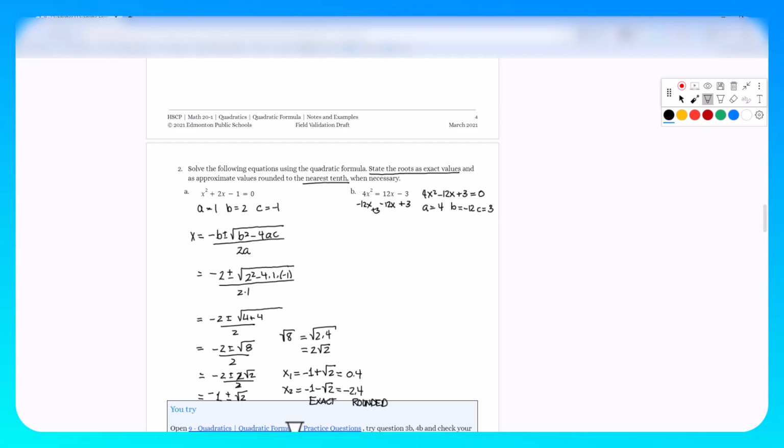So putting it into the formula, we get x equals negative b, which is negative of negative 12, which is positive 12, plus or minus. Now the square of b is the square of negative 12, which is 144, minus 4 times a is 16, and 16 times a positive 3 is 48.